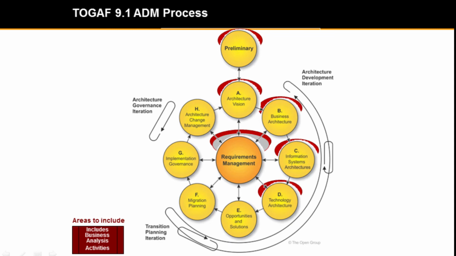Not only there, but also in terms of preparation, in terms of visioning, in terms of strategizing, as well as in terms of defining and developing the architecture itself. So there's a lot of discussion about requirements, the initial requirements and the updated requirements throughout the different iterations.